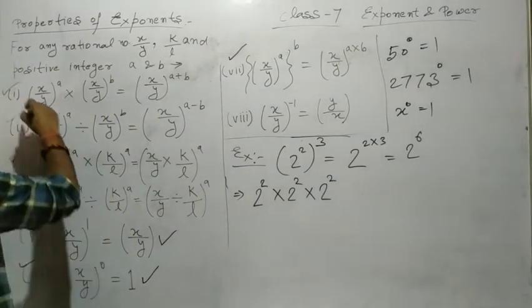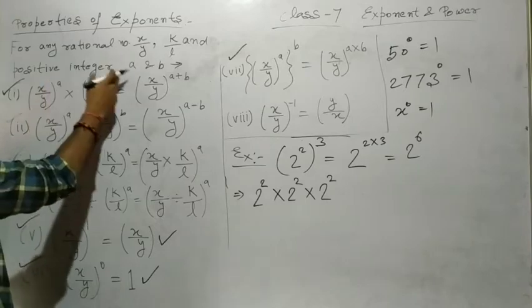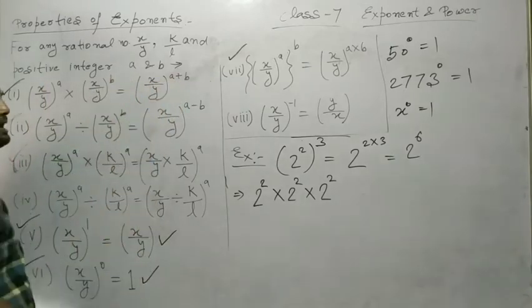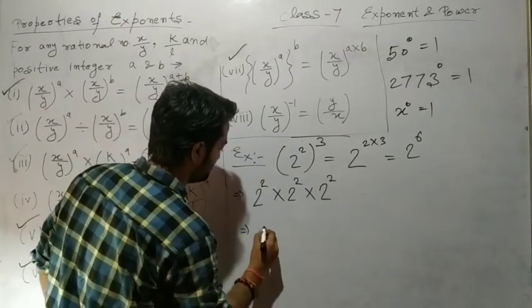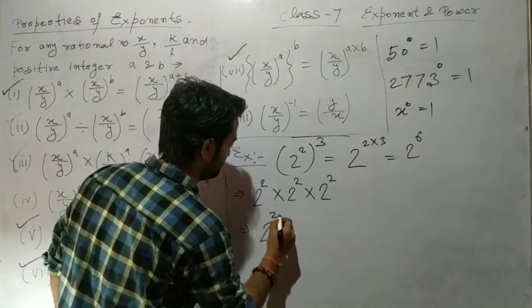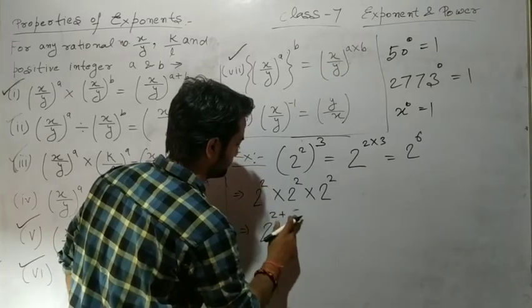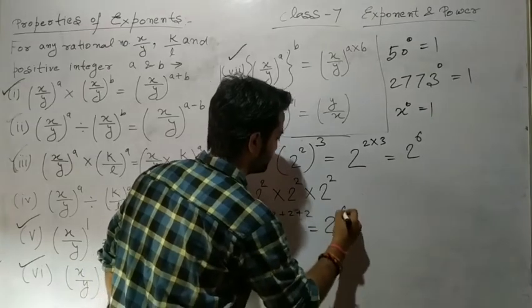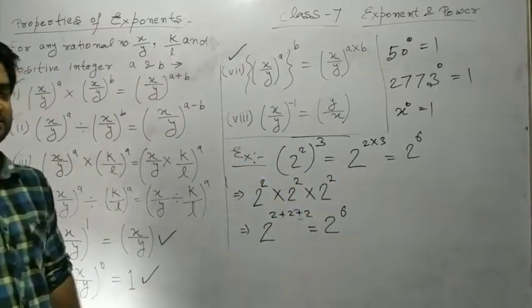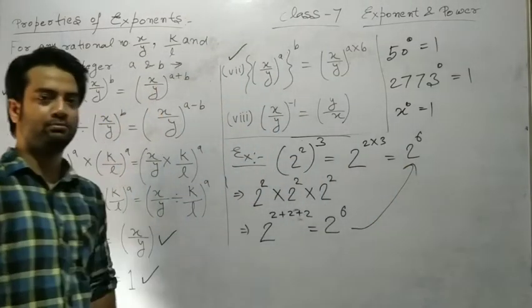Now, if you look at the first property, same bases with different exponents, the exponents are added. So it makes 2 raised to the power 6, which is our answer by property.